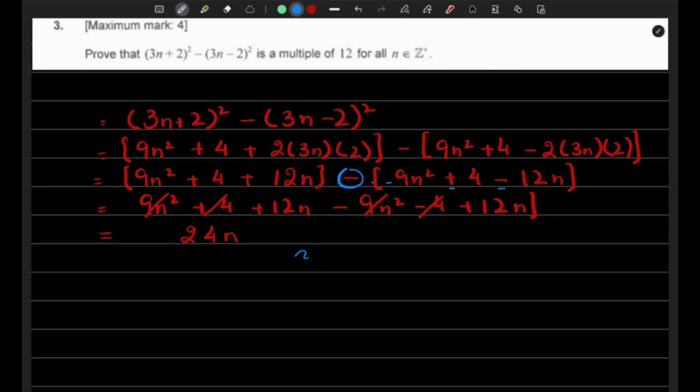As we can see that 24n can also be written as 12 into 2n.